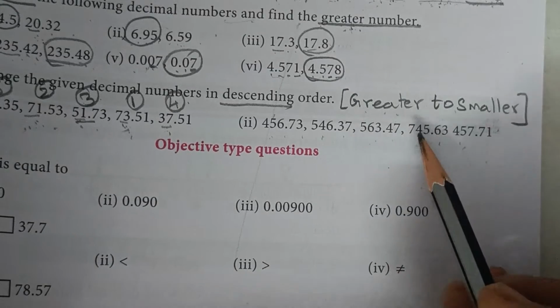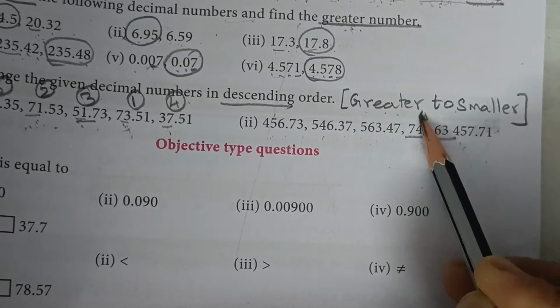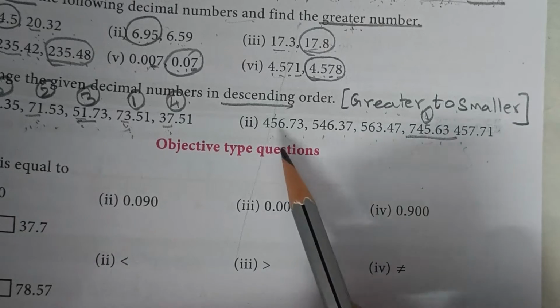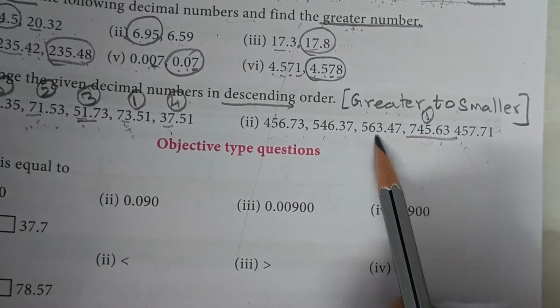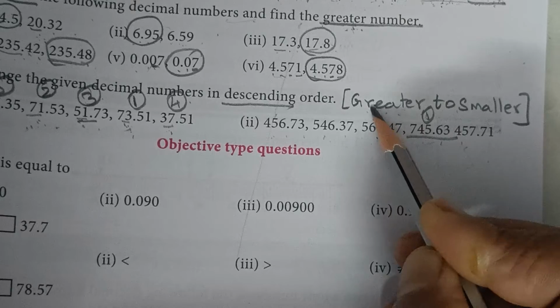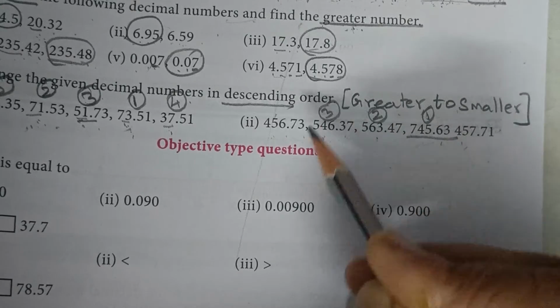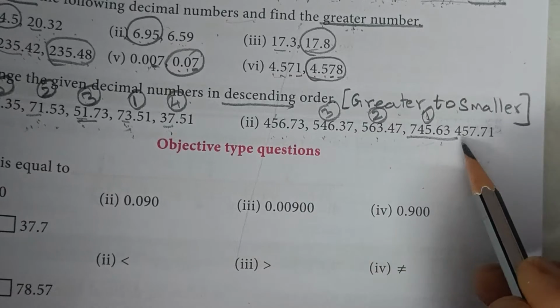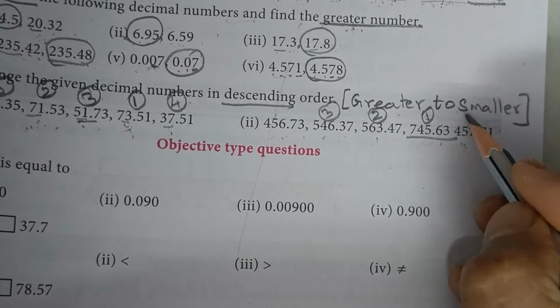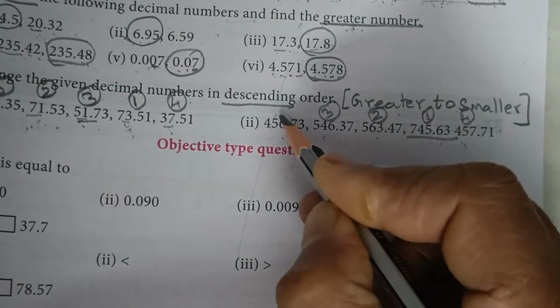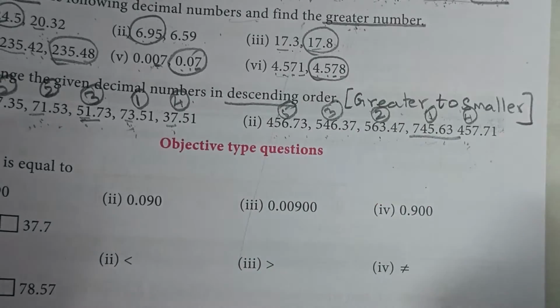Which is greater? 745. So this is the first one. Then what do you have next? 563 is the second greater. Then 546 is the third greater. Then 456, 457. 457 is the fourth greater. 456 is the last, the smallest one.